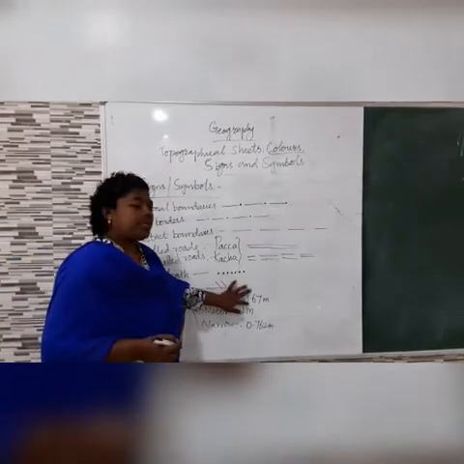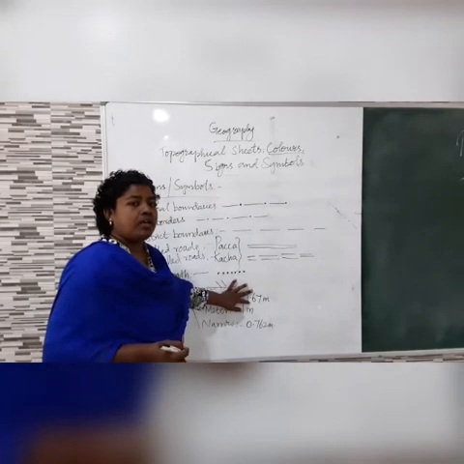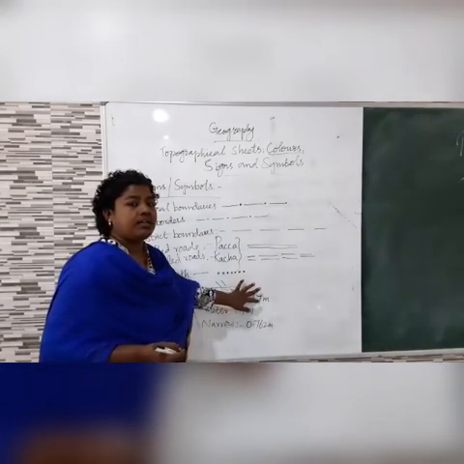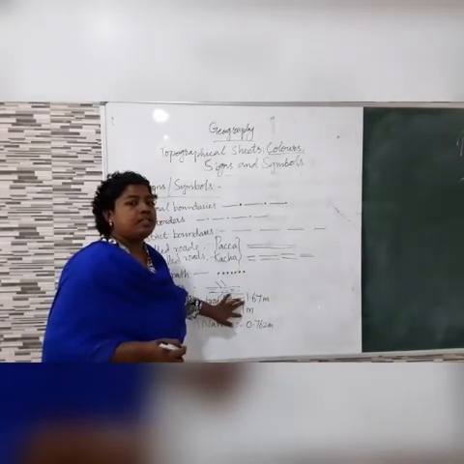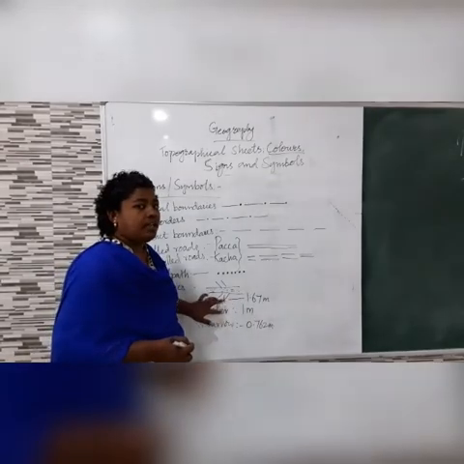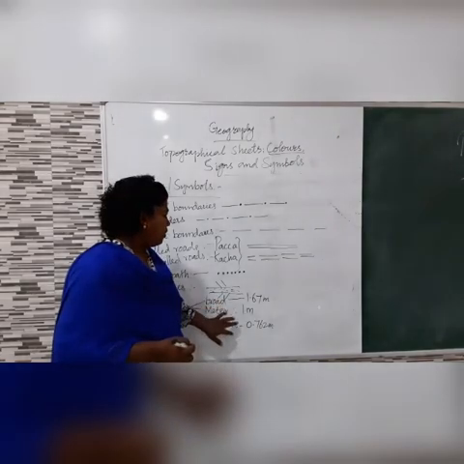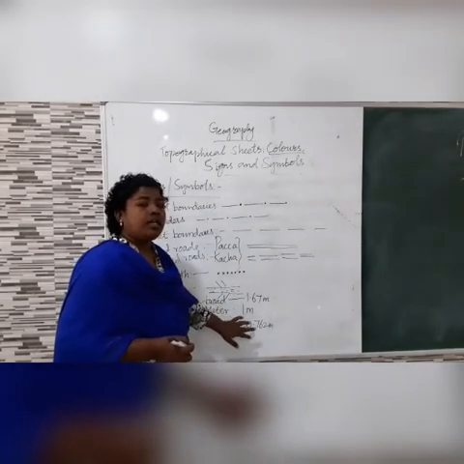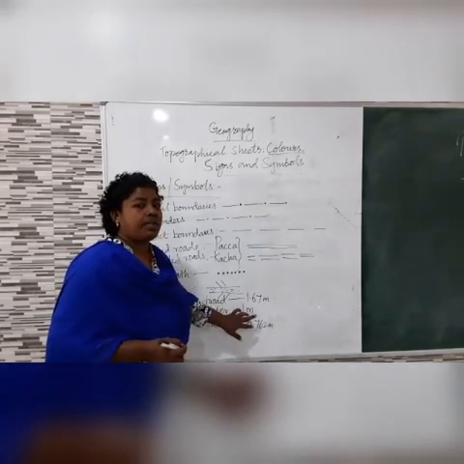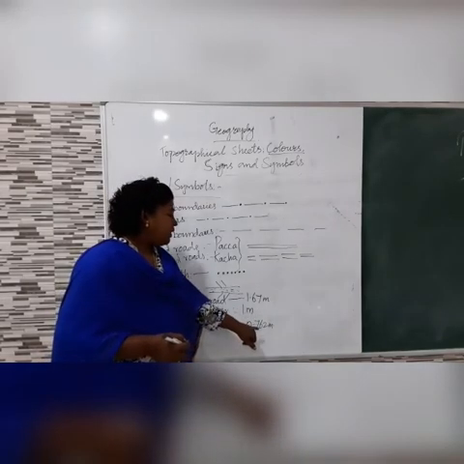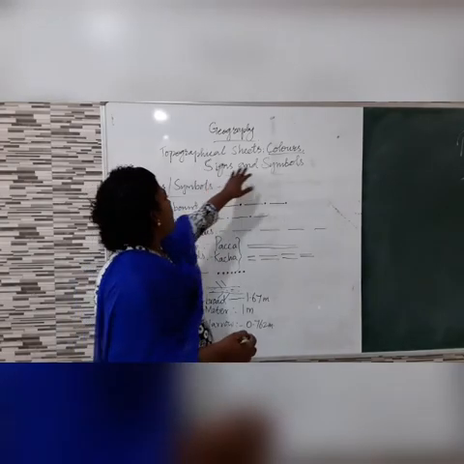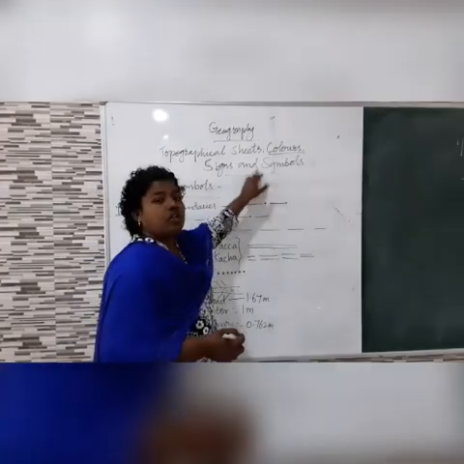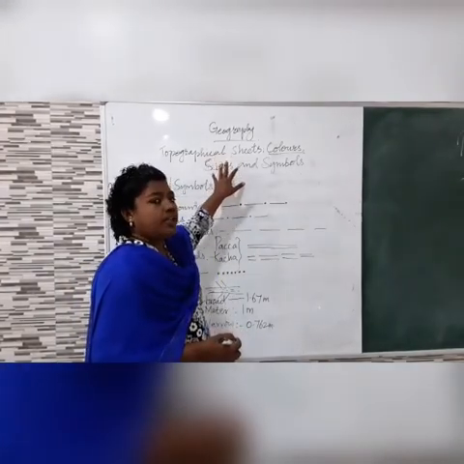The distance between two tracks is 1.67 meters in the broad gauge, 1 meter in the meter gauge, and 0.762 meters in the narrow gauge. This is all about the colors, signs and symbols used in the topographical sheets.